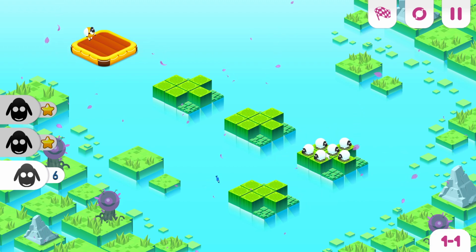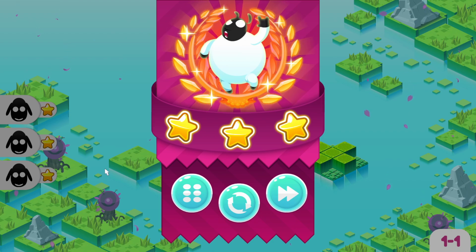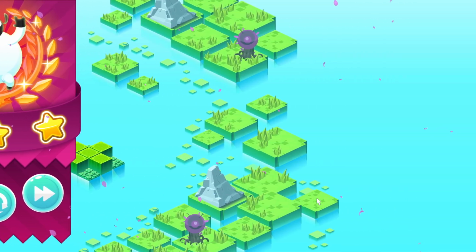So if I flung 7, or if I flung 1 extra onto this, it would probably fall into the water and drown. So there's our 3 stars. We were supposed to have saved the first group, the second group, and the next group, third group.